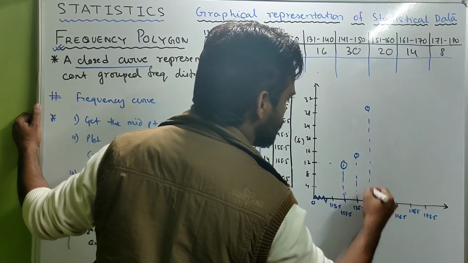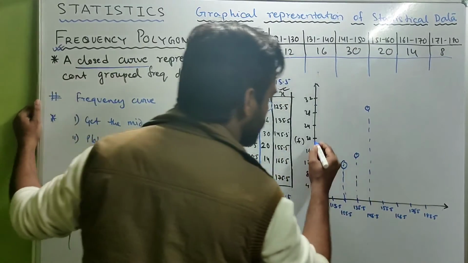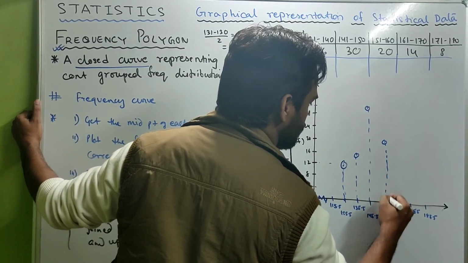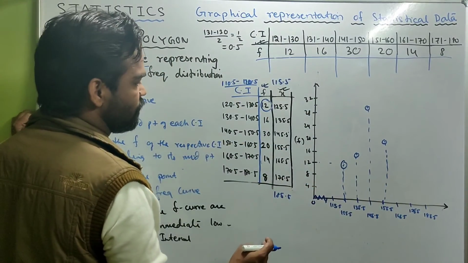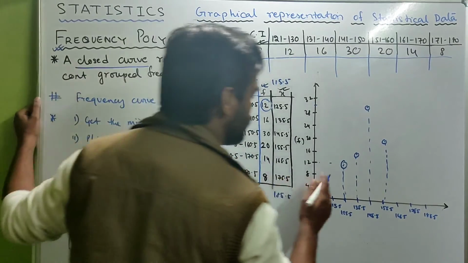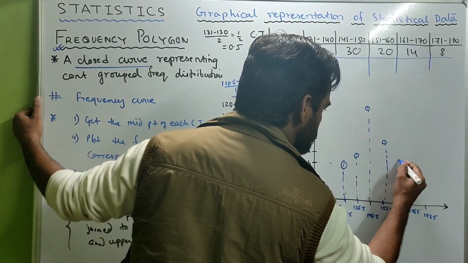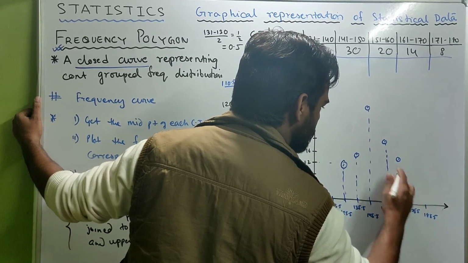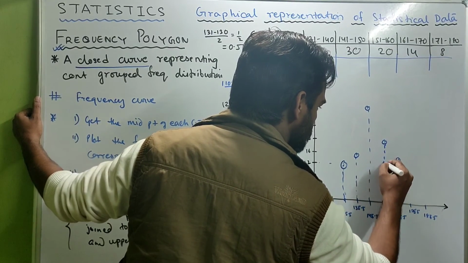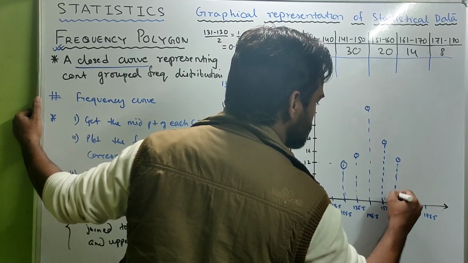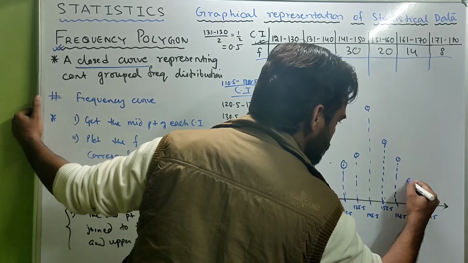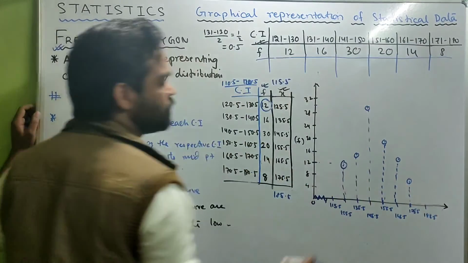For 155.5, it's 20. So 20 is over here. Then 165.5, it's 14. 14 is between this 12 and this. Now this is done. For 175.5, it's 8. 8 is over here.